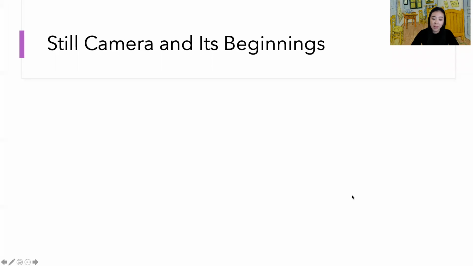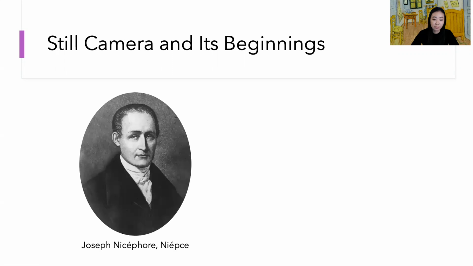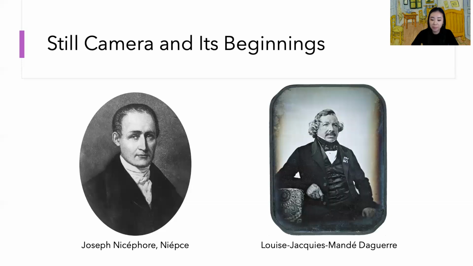Now let's see the beginning of the camera. A French inventor, Niepce, worked with a specially coated pewter plate in the camera obscura in 1826. And Niepce recorded a fuzzy version of the view from his window after an exposure of 8 hours. Niepce was corresponding with another Frenchman, Daguerre, who was also experimenting with methods to fix the photographic image.